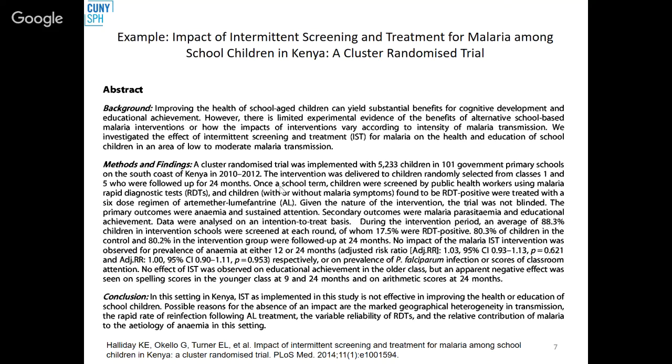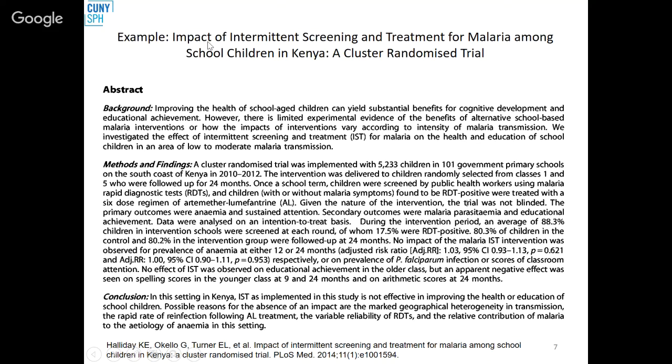They have multi-level sampling. We talked about that a little bit, like where they're sampling schools, and then they're sampling children within those schools in order to test the effect of more intensive screening for malaria in these schools, and then treatment of the malaria.